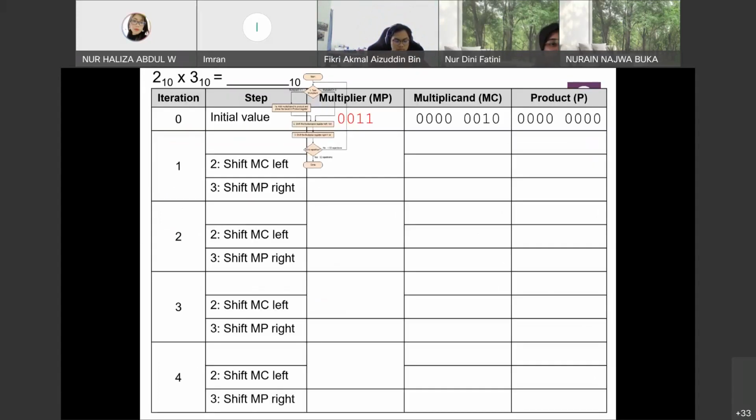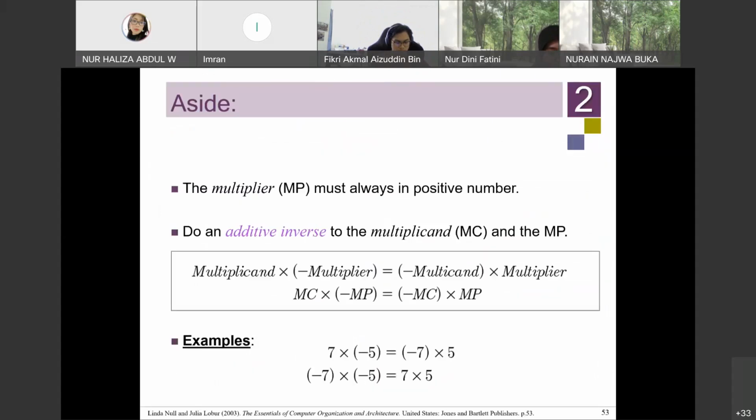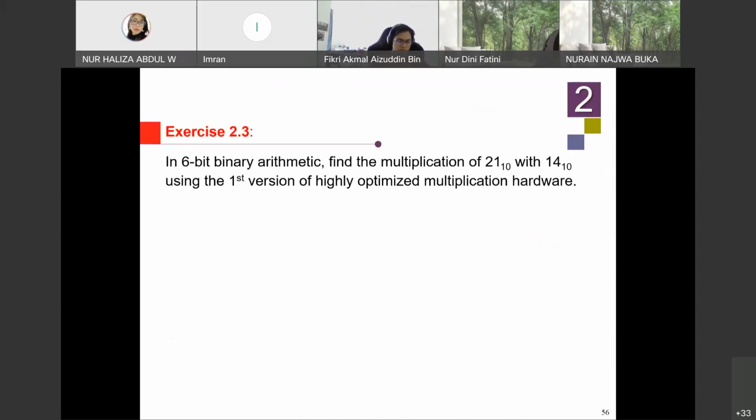Mana soalan dia tadi? This one is multiplier. Sekejap, wait. Multiplier.